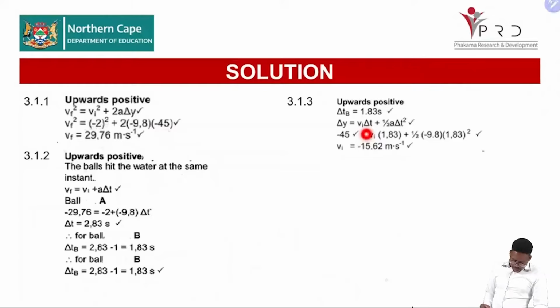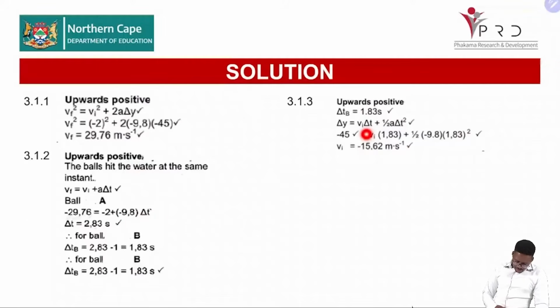3.1.2, the time it takes for ball B to hit the surface. Then we can have an option here. This option, we can first look at the time it takes ball A to reach the water.